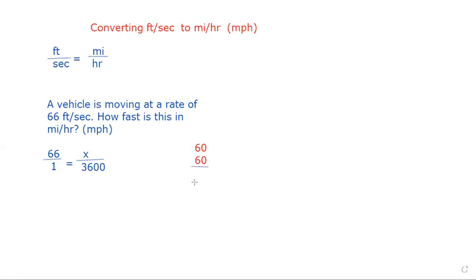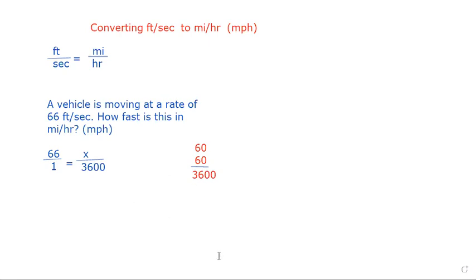So together, that's going to give us 3,600. So this just allows us to keep everything on the same scale, all right? So we're saying 66 feet in 1 second. Well, how many miles in an hour, which is 3,600 seconds?